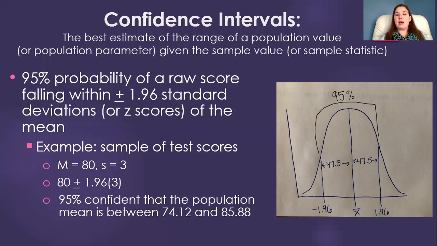So this is the best estimate of the range of a population value or a population parameter given the sample value or sample statistic. This looks and sounds more complicated than it is.